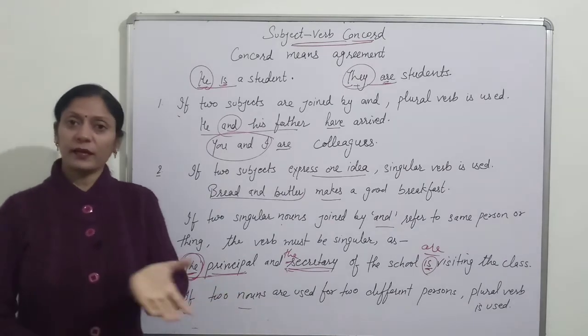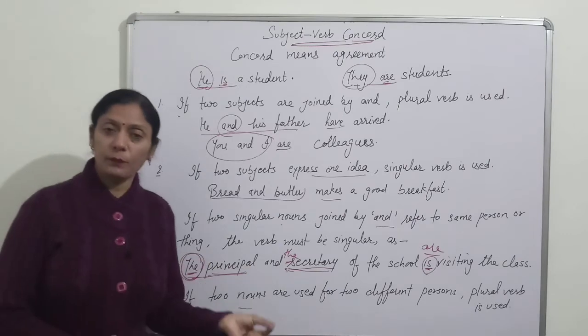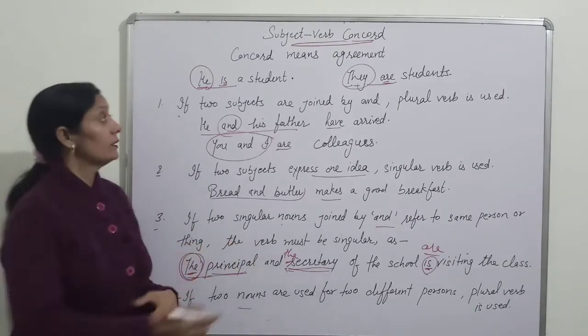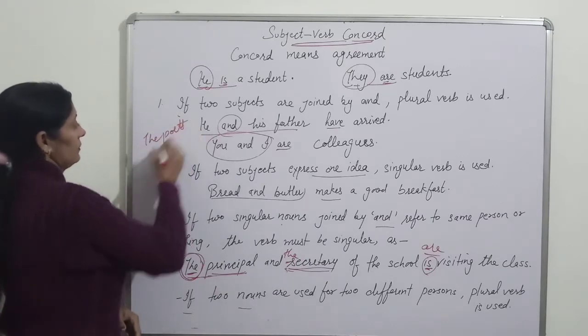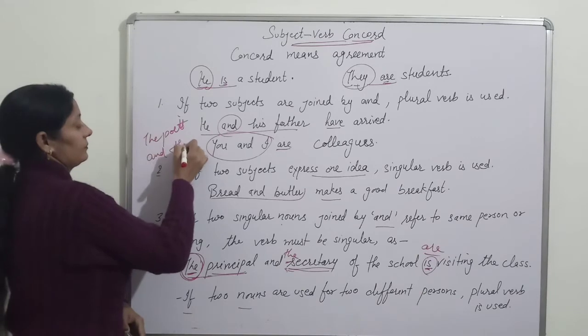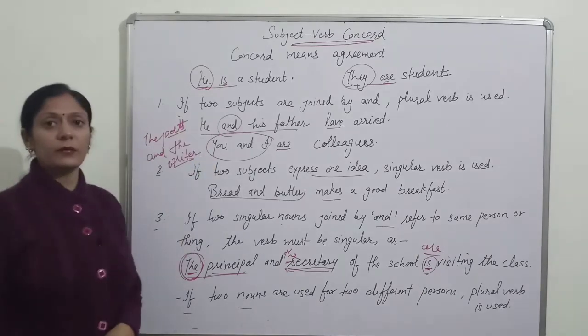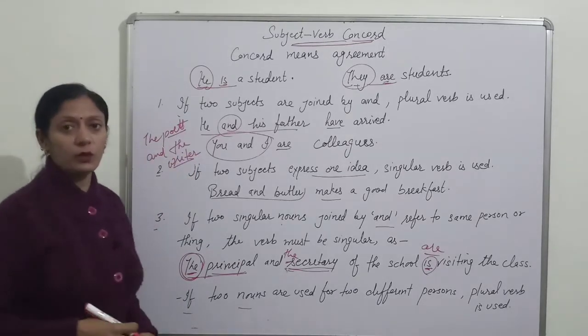We are talking about a person who is also a poet and also a writer. But if it is given there, the poet and the writer, it means these are two different persons. The poet and the writer have. Then we use a plural verb.